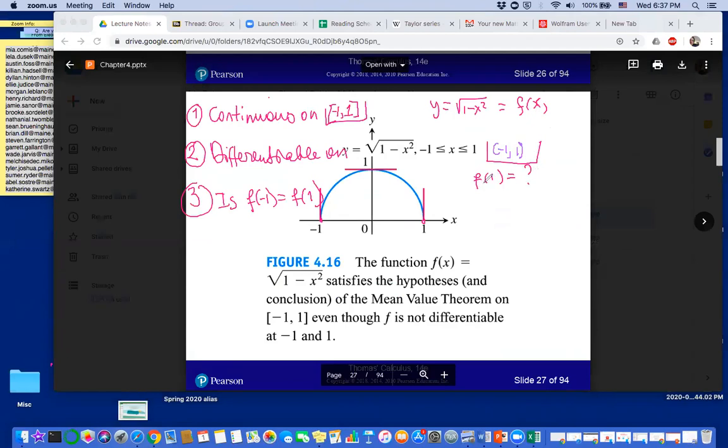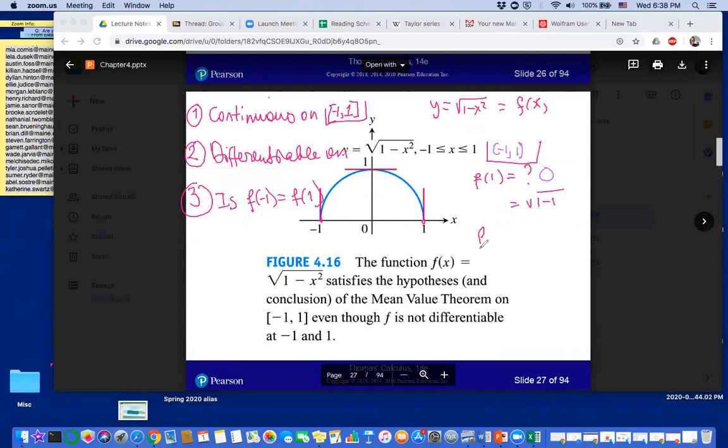So can you guys tell me what is f of 1? It's 0, that's right. Do you guys see this? I plug in 1 for x, and I get square root of 1 minus 1, which is 0. It's a big fat 0.